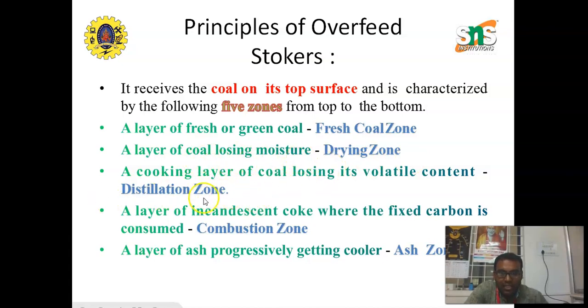Third is the distillation zone, the coking layer of coal losing its volatile content. The fourth zone is the combustion zone, the layer of incandescent coal where the fixed carbon is consumed. The last one is the ash zone, the layer of ash progressively getting cooler. So there are 5 zones: fresh coal zone, drying zone, distillation zone, combustion zone, and finally the ash zone.